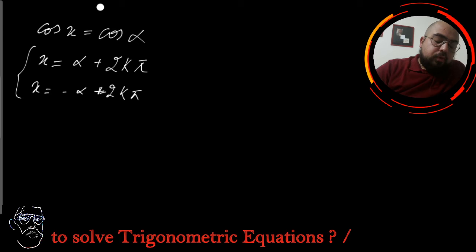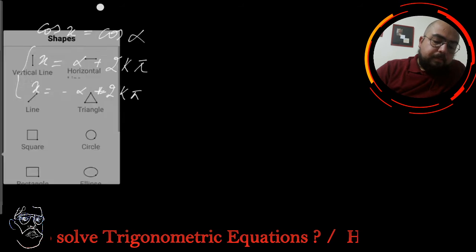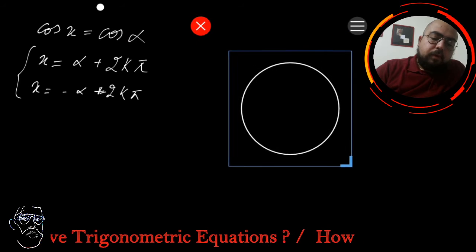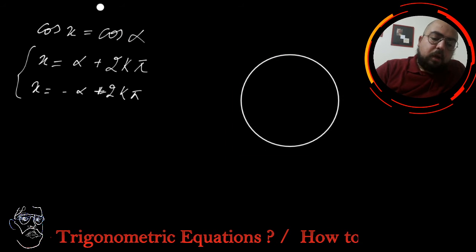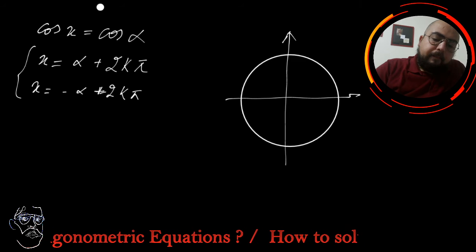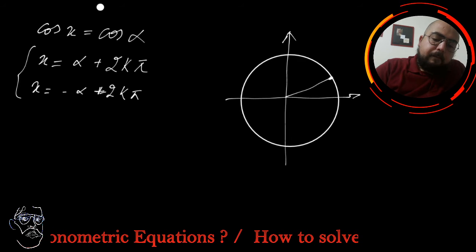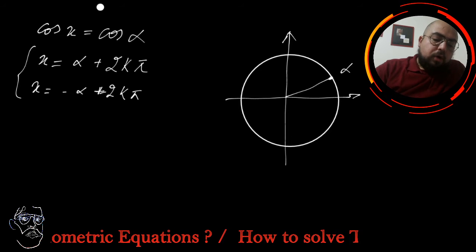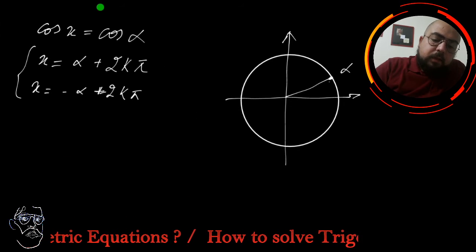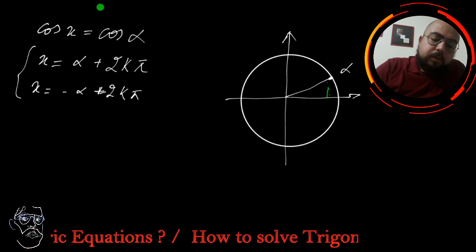Again, I'm going to remind you, with a trigonometric circle, whenever you have your angle which is alpha here, this is the angle alpha. Cosine of angle alpha is simply this segment, which is on the axis of abscissa.